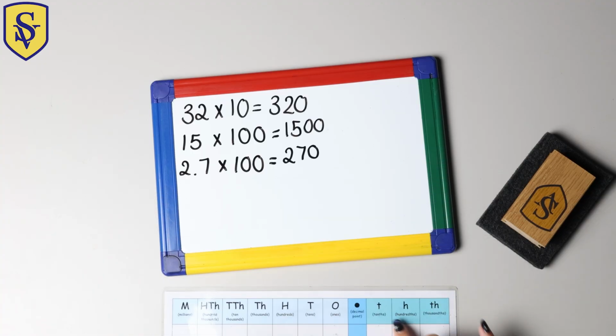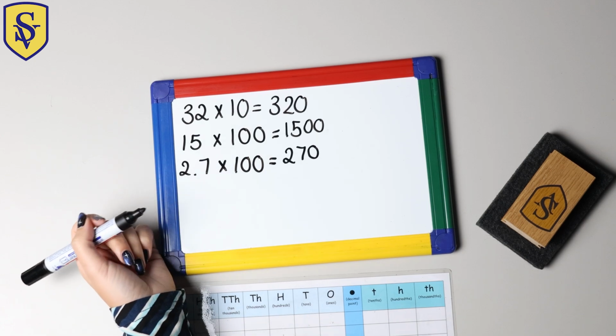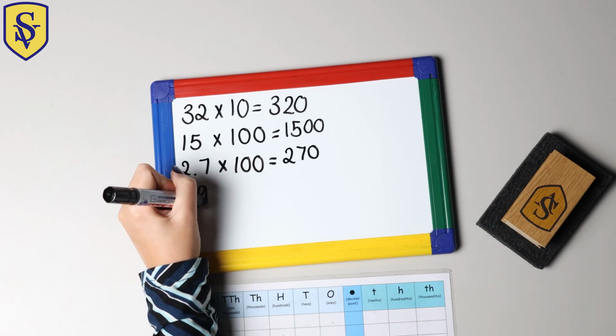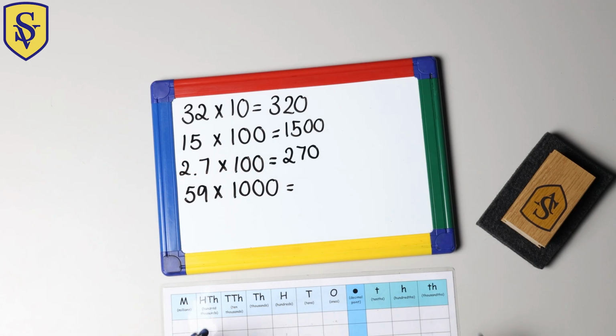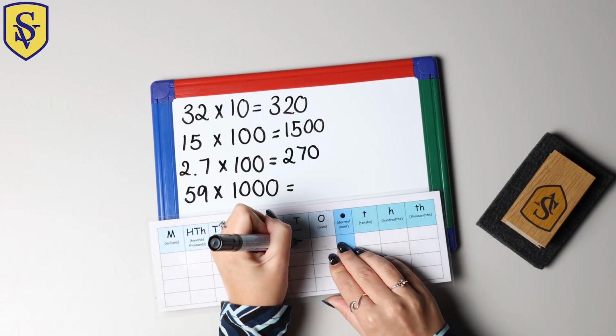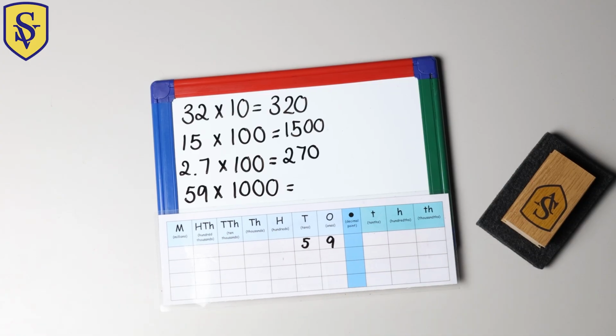So now we will be multiplying by 1,000. So if we have the calculation 59 times 1,000, we use our place value grid and we place 59 on the place value grid. And then we are going to be multiplying. So we're going to go to the left, and there are 3 zeros in 1,000, which means 3 jumps to the left.